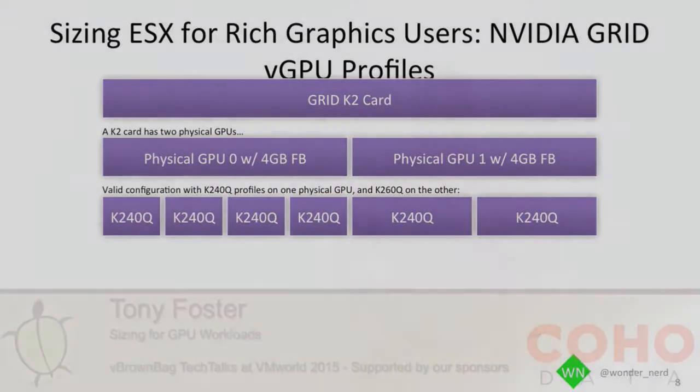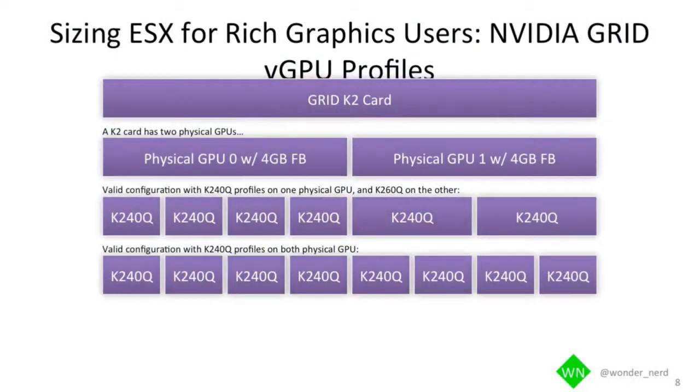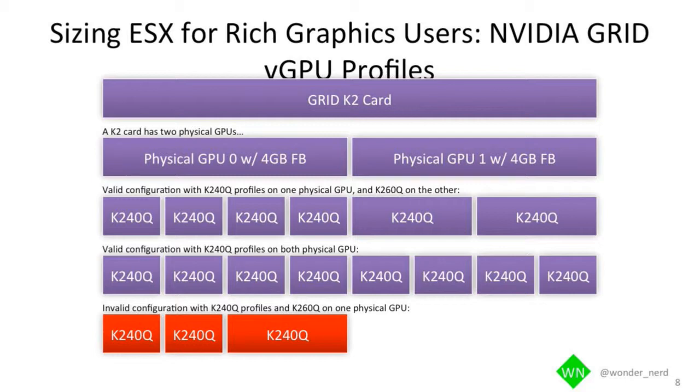Or we can span it all the way across all 4. The important thing is we can't mix our configurations across the GPU. So we can't put the K240Q configuration for a small on the same one as a medium configuration.